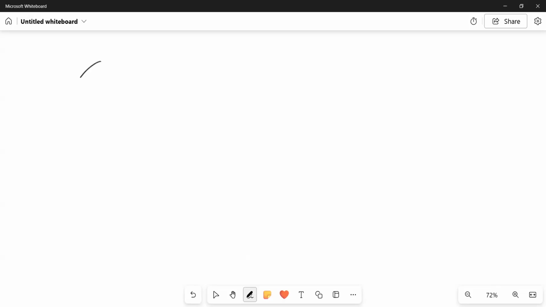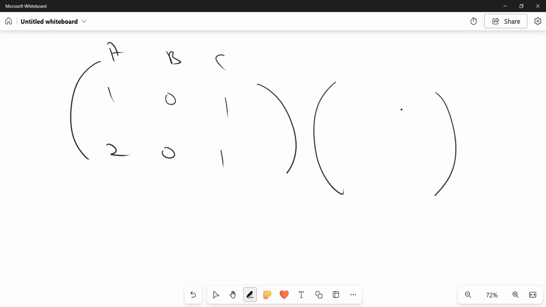So let's say you have a triangle, and the vertices A, B, and C are 2, 0, 1 or something, right? Times something here, 1, 0, 0, 1. Now, when you finish, you end up with a 2 by 2 matrix.